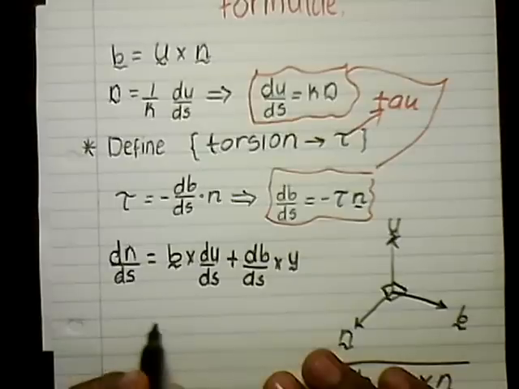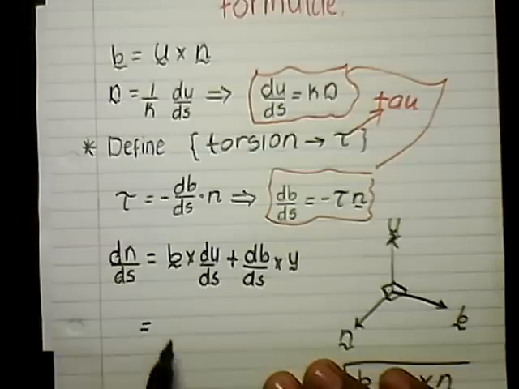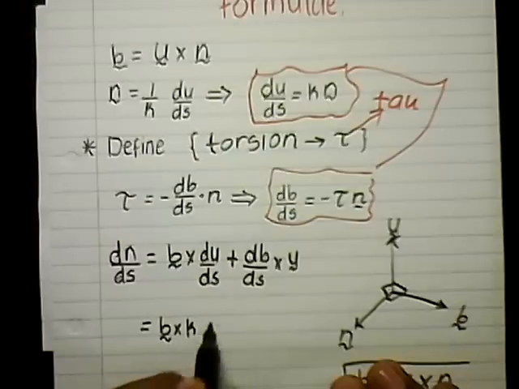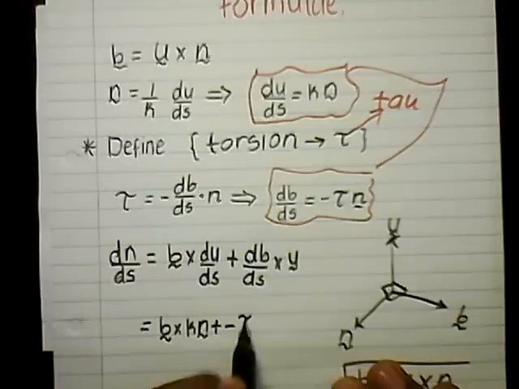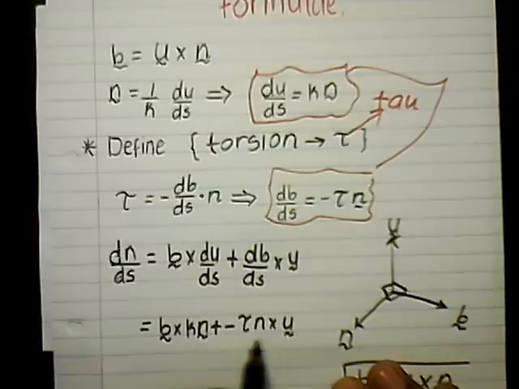Let's do that, and then the n ds will be equal to vector b cross the u ds, which is given as k n, plus the b ds, which is given as negative tau multiplied by n, multiplied by vector u.